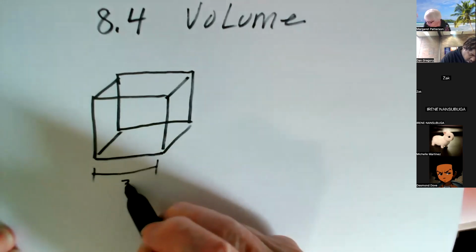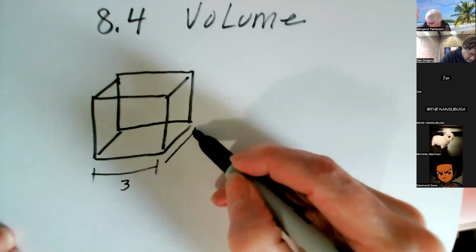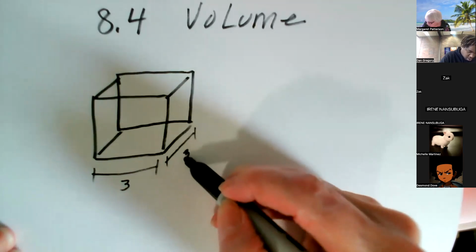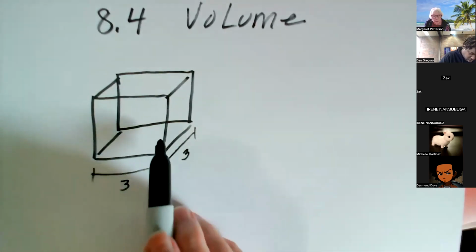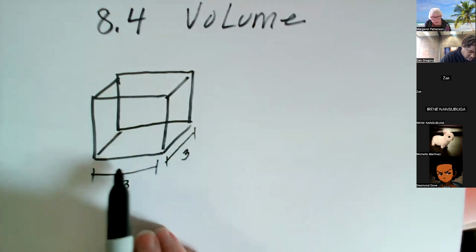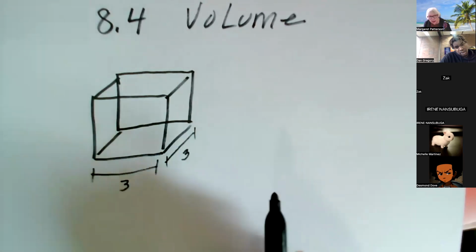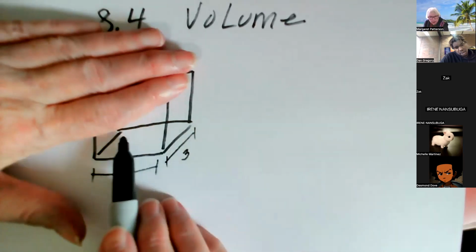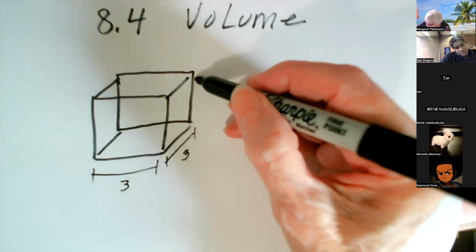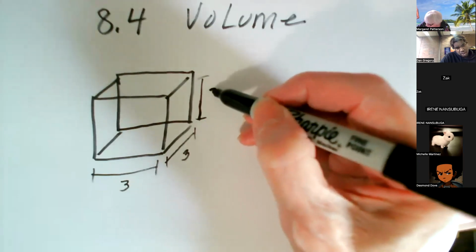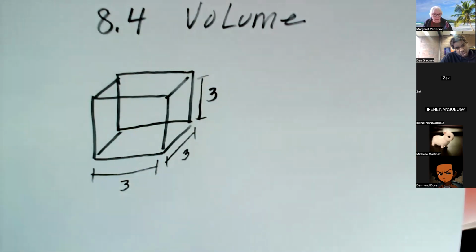This was 3, and this was 3. So on the bottom, this bottom piece, it was 3 by 3, which would have been 9. So just that part of it was 9. But then let's say it goes up 3. What do you think the formula is?